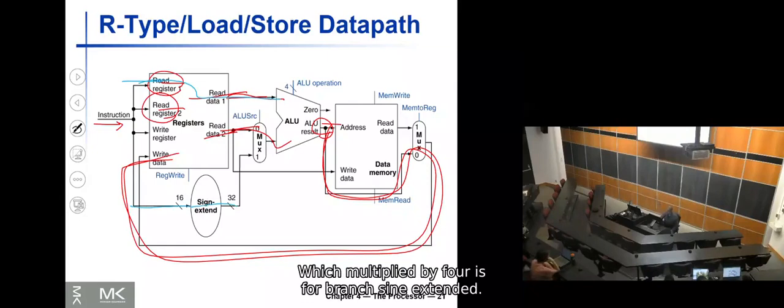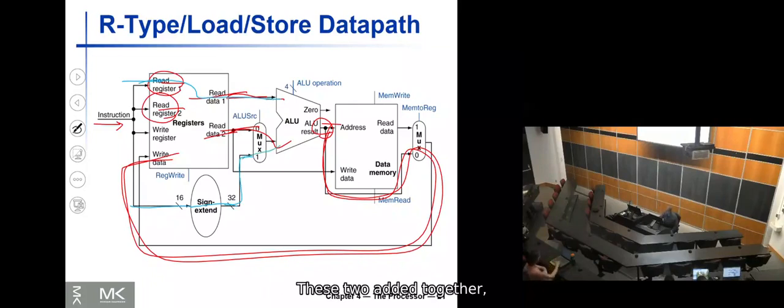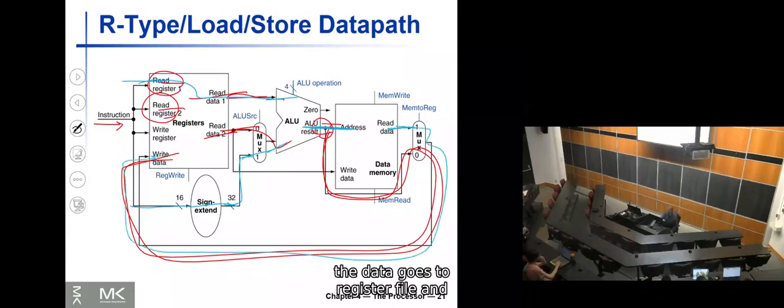Multiplied by 4 is for branch. Then they are added together. This value is the address that we want to load from memory. The memory starts loading, and when the data comes, the data goes to the register file and updates the register.